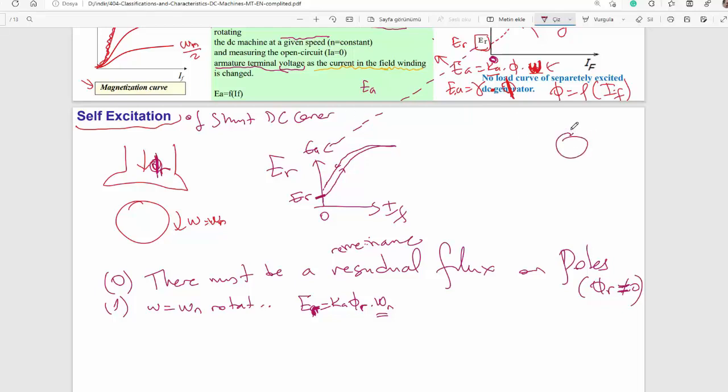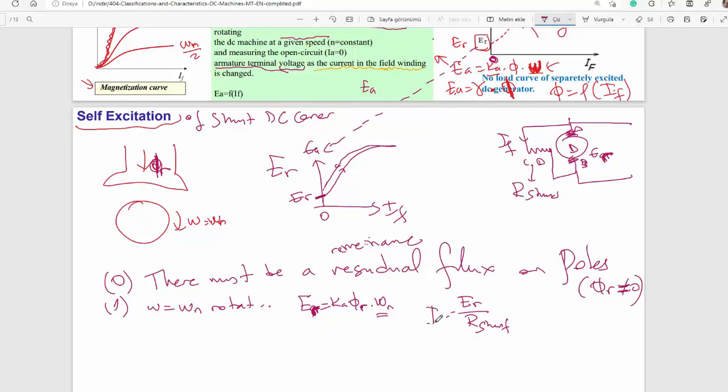Here is the electromotive force, dynamo. Inside the dynamo we have induced remanence or residual EMF. That EMF will supply the field current of the system. That is the shunt generator.